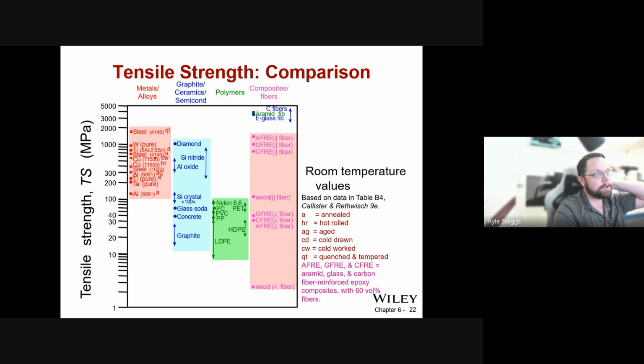And the polymers, you can actually get some very stiff polymers. Nylon 6,6 is used for lots of things. Polycarbonate, PVC, PET. These are all very common materials for constructing plastic parts out of. High density polyethylene is in there as well. That's more recent. Polypropylene, not really used in a lot of structural applications.